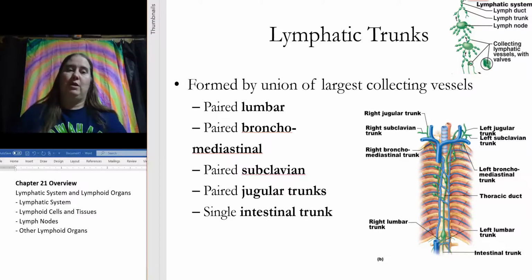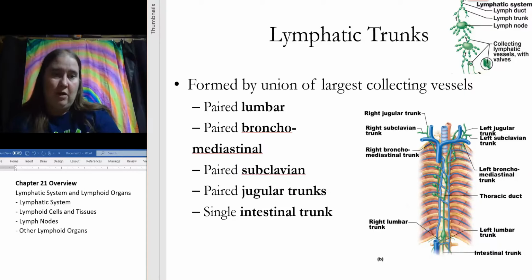Okay. So again, remember, we're moving up into these different systems, right? And we can kind of see that here. Here's our capillary way down here, okay? And these move up into our collecting vessels, right? And all these vessels then empty into our trunks, okay?